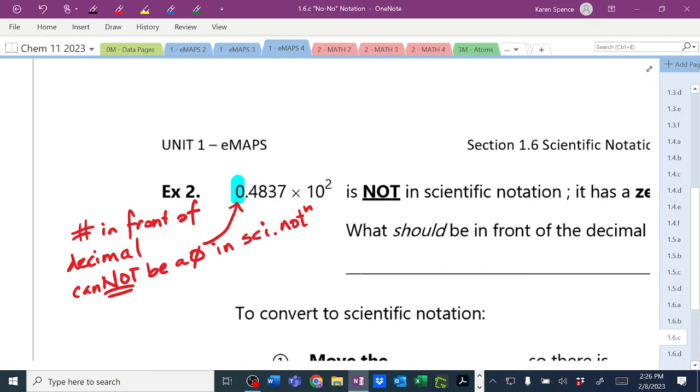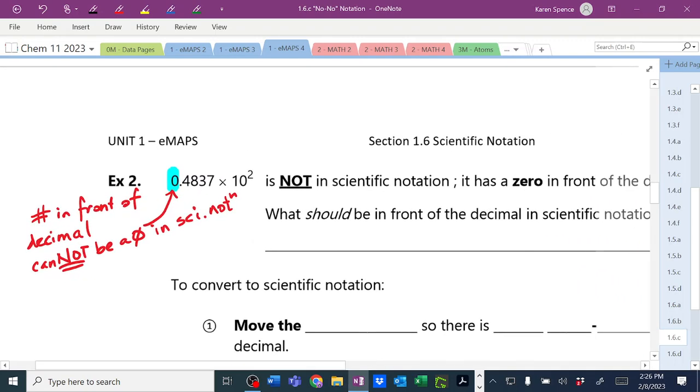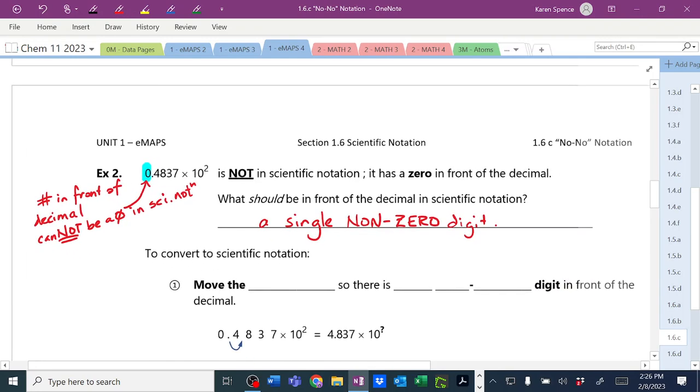What should we have in front of the decimal? It should be the 4. We should have a single non-zero digit. So what will we move in order to get this into scientific notation?